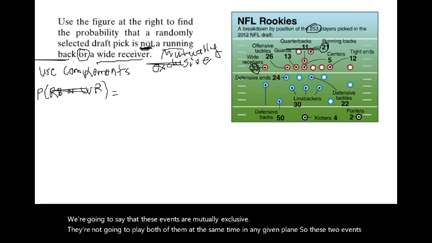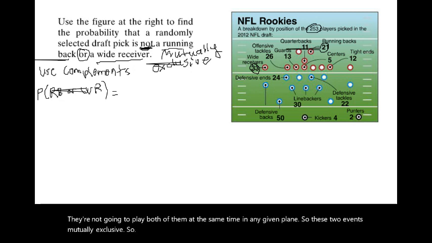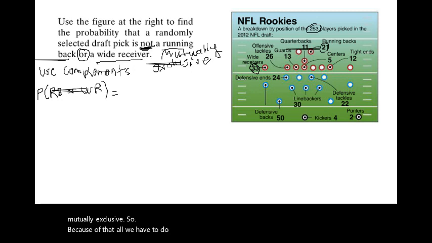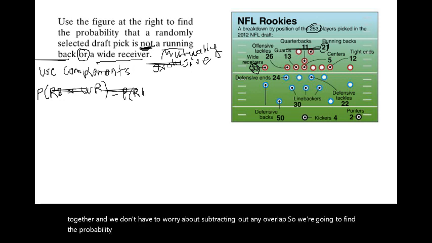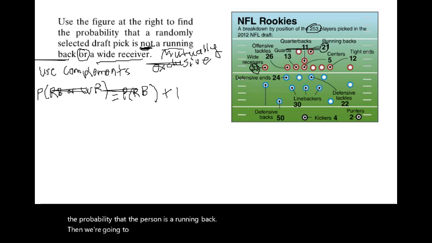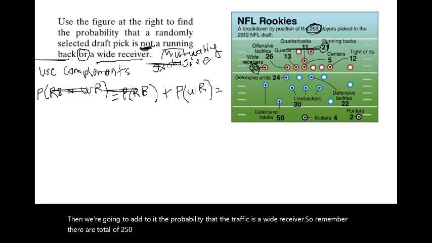Because of that, all we have to do is find each of these individual probabilities and add them together, and we don't have to worry about subtracting out any overlap. So we're going to find the probability that the person is a running back, then add to it the probability that the draft pick is a wide receiver. Remember, there are a total of 253 players that were drafted, so that is going to be our sample space.